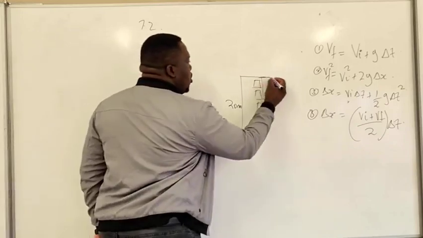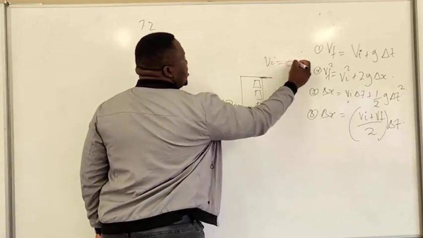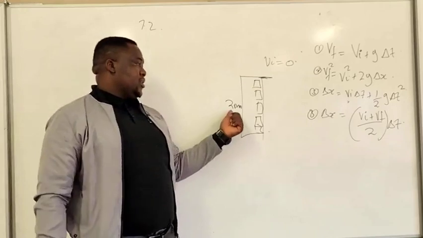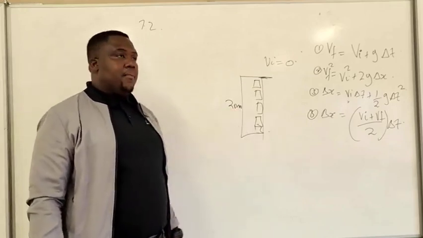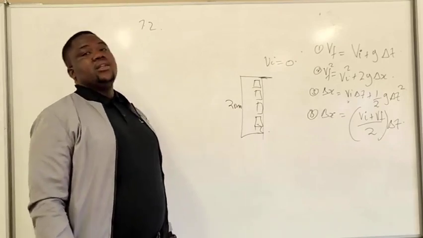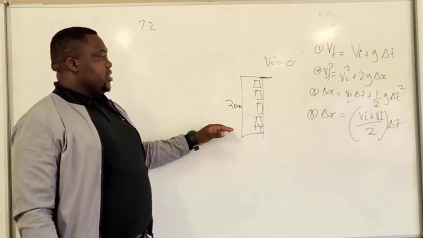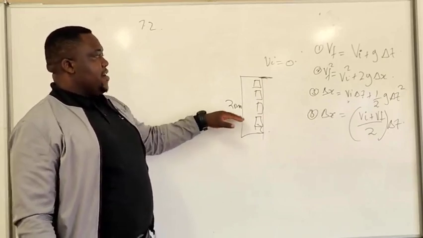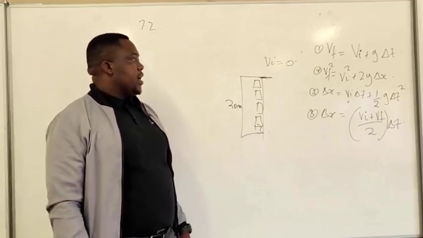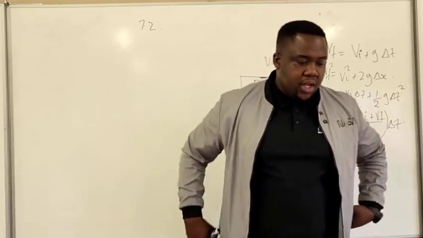So what do we know? The question says a ball was dropped, so the initial velocity is 0. Then, the ball was dropped from what? From a 20-meter building. So now it means that we have most of the information that we need.